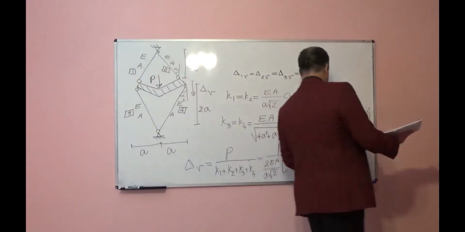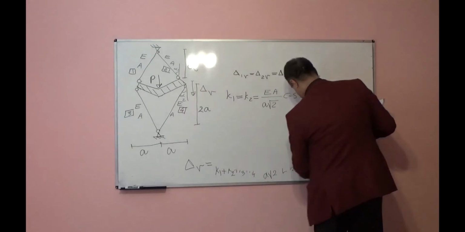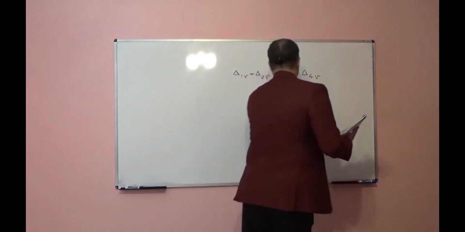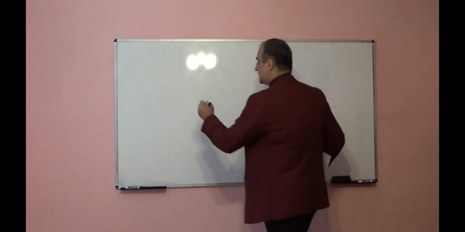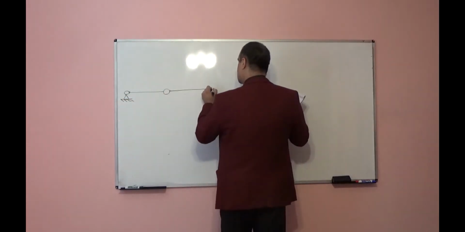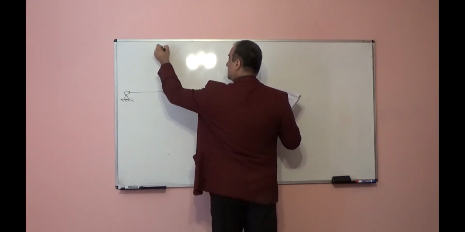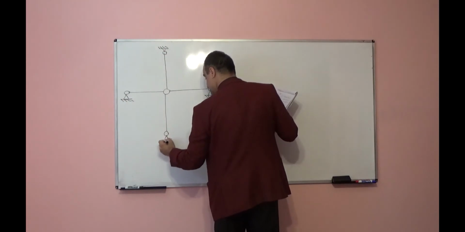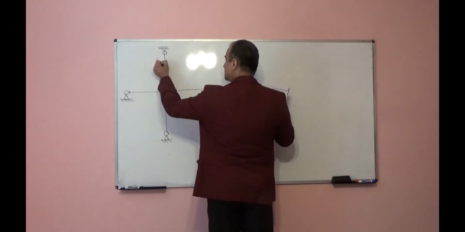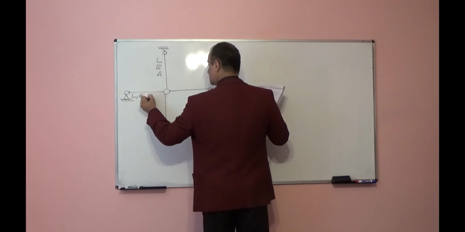Next problem. We have 4 rods. And for each one, let's write what is E, what is A, what is L. This one is L, E, A. This one is L, E, 2A.